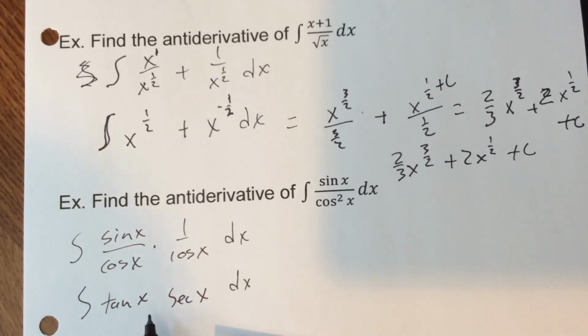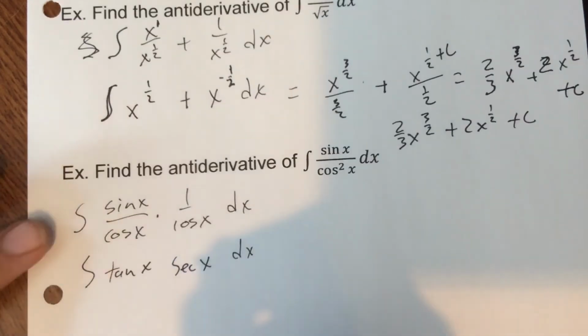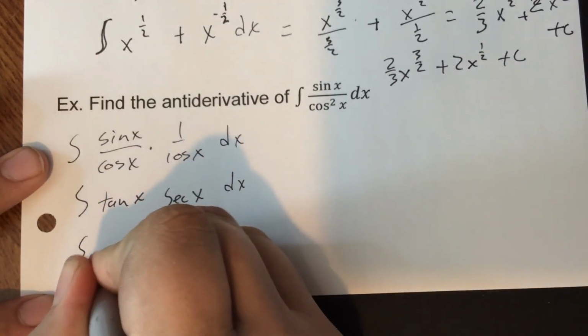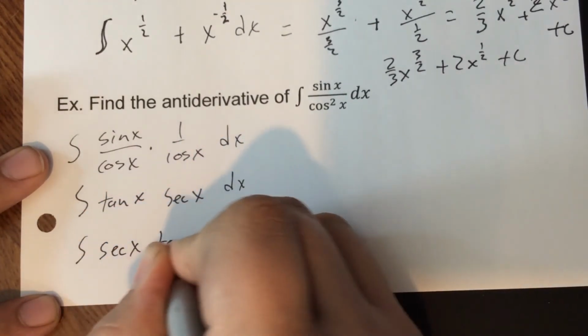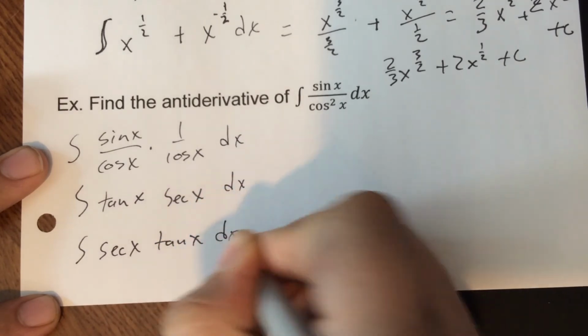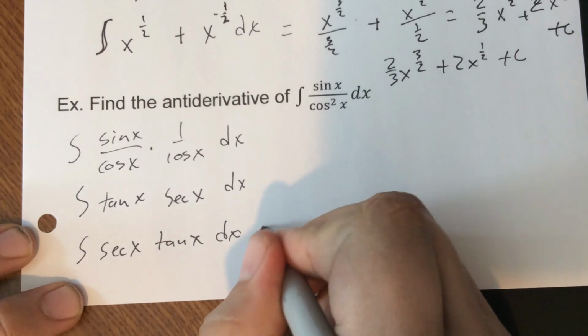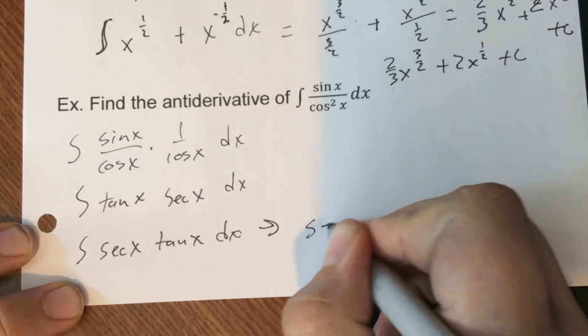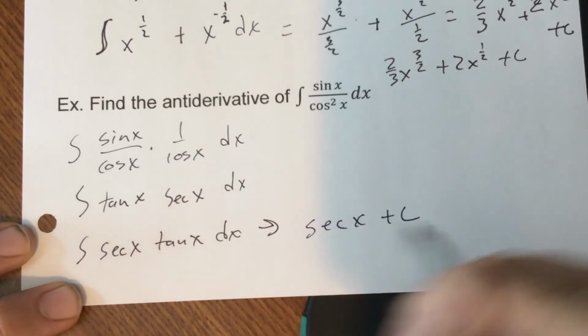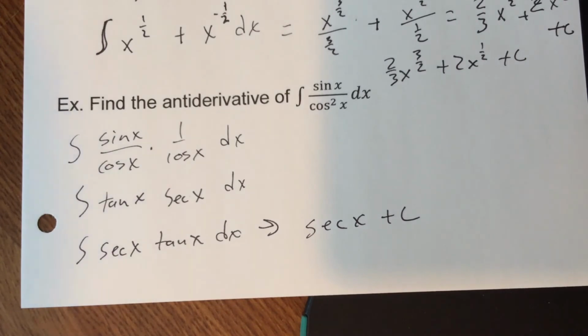Close, we just have a different order. Remember, multiplication is commutative. We can rewrite this as secant x tangent x dx. Because it's commutative, that fits that one, which means this is going to go to secant x plus c as the antiderivative.